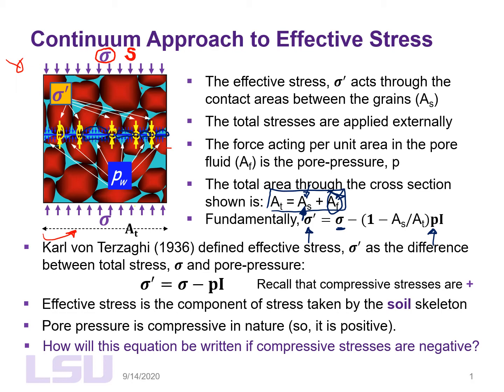And this is a fundamental expression, but in the simple form, we neglect this. And that is the simple effective stress we have talked about, which is also known as the Terzaghi effective stress.